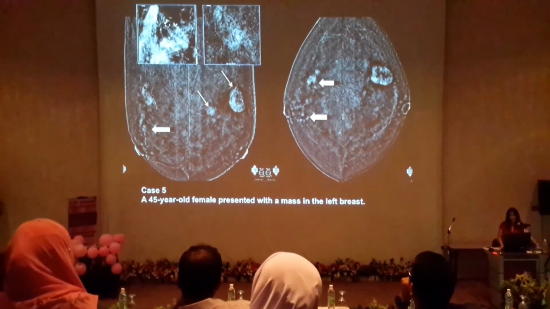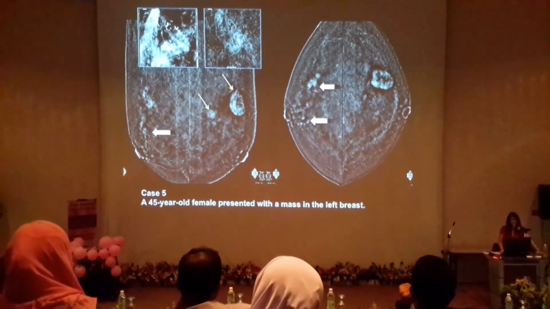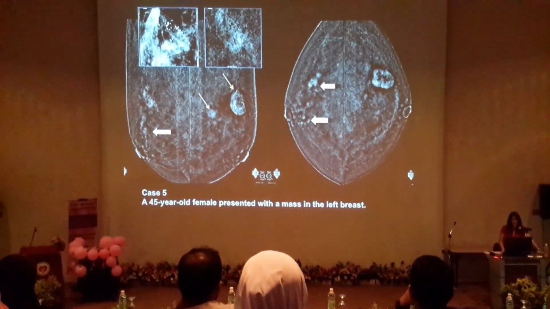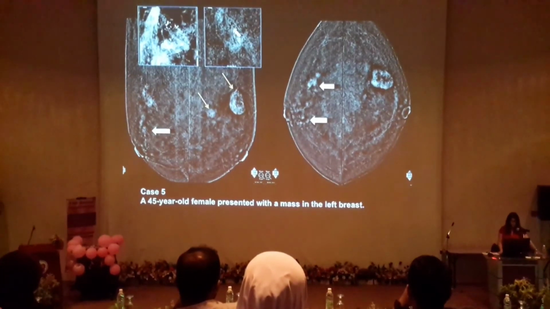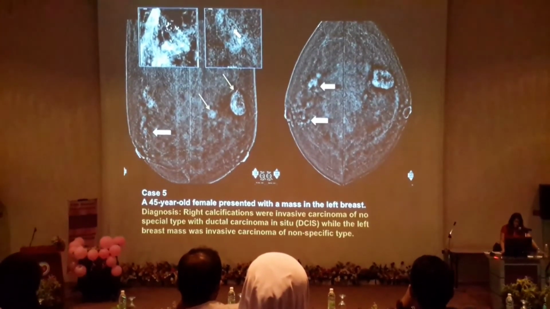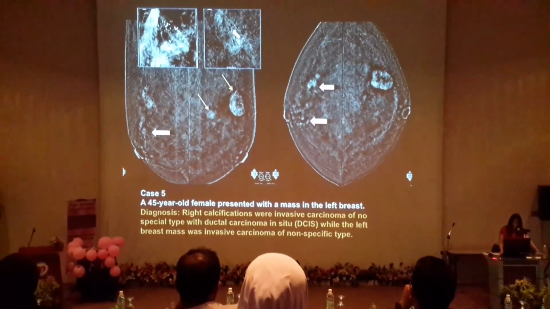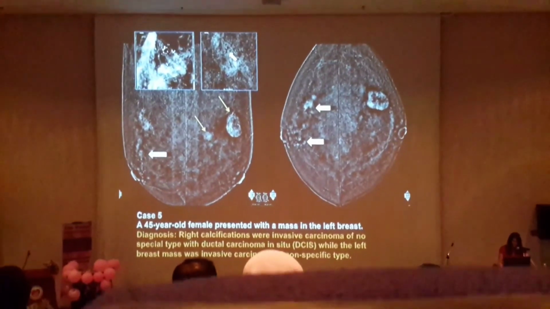Calcifications are bright on 2D, but on contrasted they are dark. So it makes it a lot easier to see the calcifications in relation to the non-mass enhancement that you get in contrasted mammography. It's a very interesting case because the right calcifications were an invasive carcinoma of no special type with DCIS, and the left breast mass was an invasive carcinoma of non-specific type.